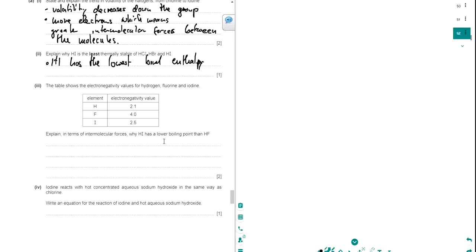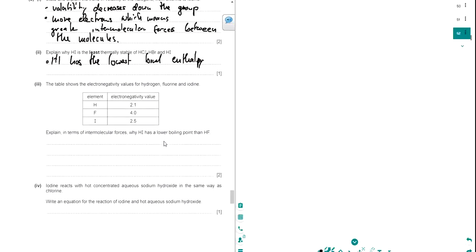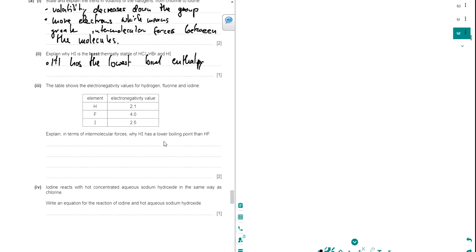So again, this is about the intermolecular forces, and the reason here is that if we look at the difference in electronegativity between H and F, it is 1.9, whereas between H and I it's only 0.4.